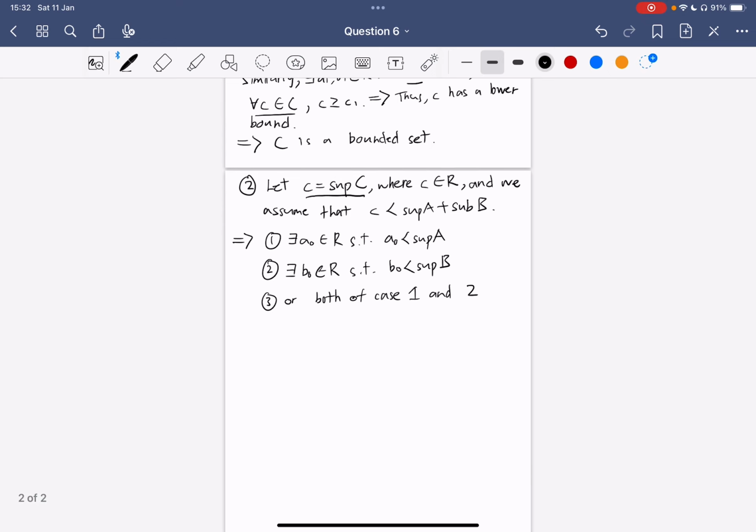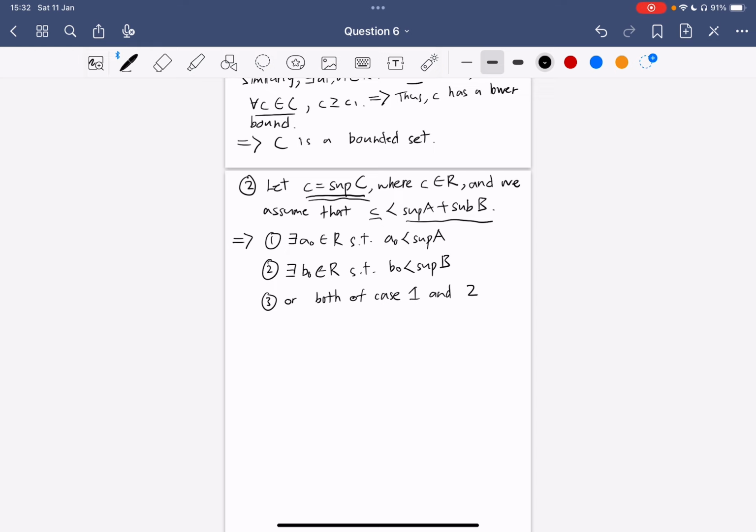So we let c equal to sup C, and suppose that this value sup C is less than the supremum of A plus B.